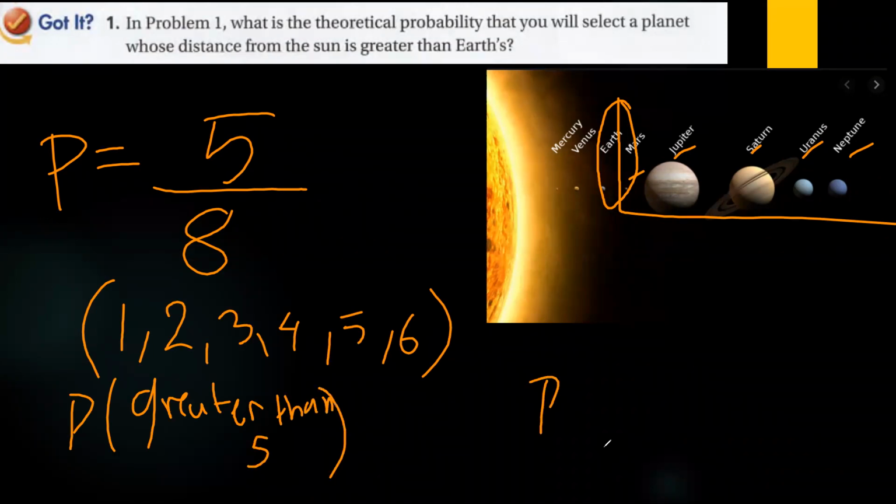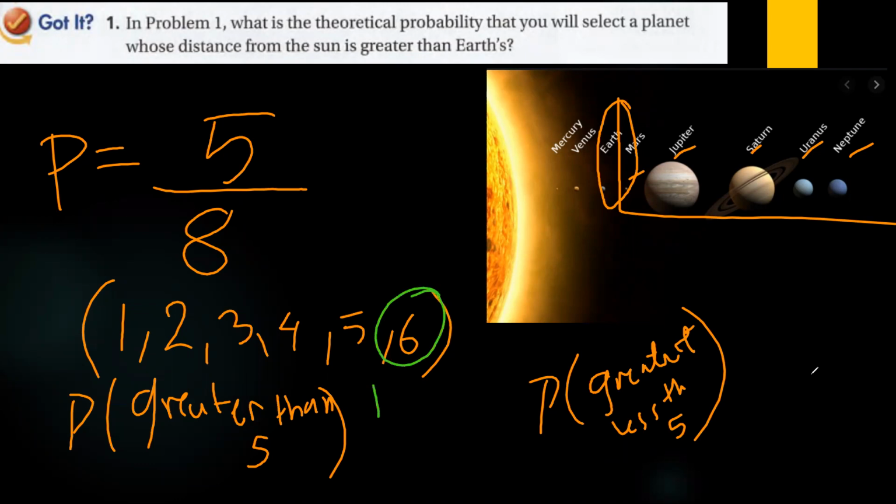So, the probability of choosing a number that is greater than 5. How many numbers are greater than 5? One number, which is number 6. So 1 over how many outcomes do we have? We have 6 outcomes. 6.